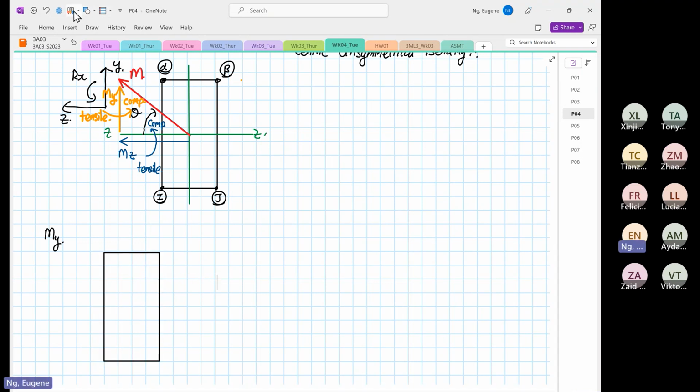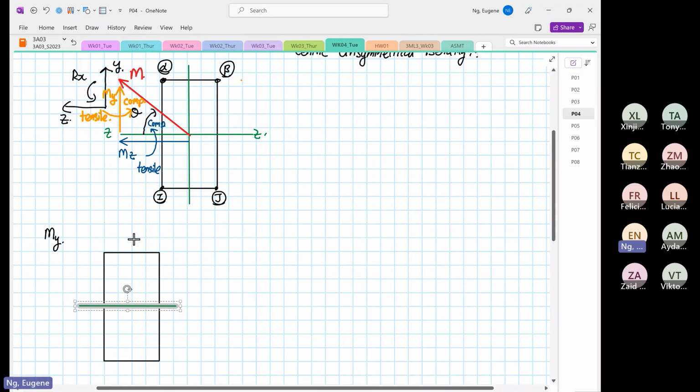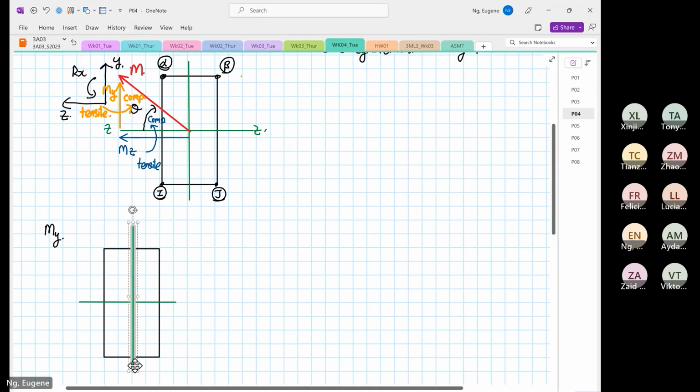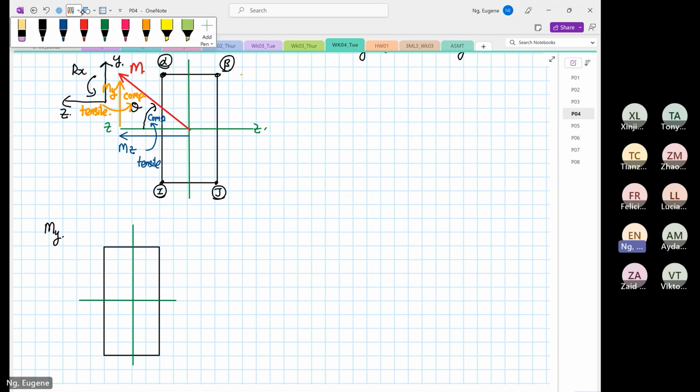Then this is our z-axis, and this is our y-axis. I'm going to draw our moment about y.